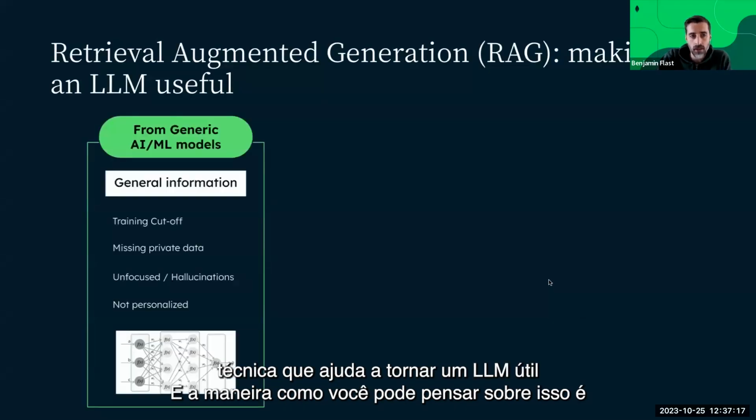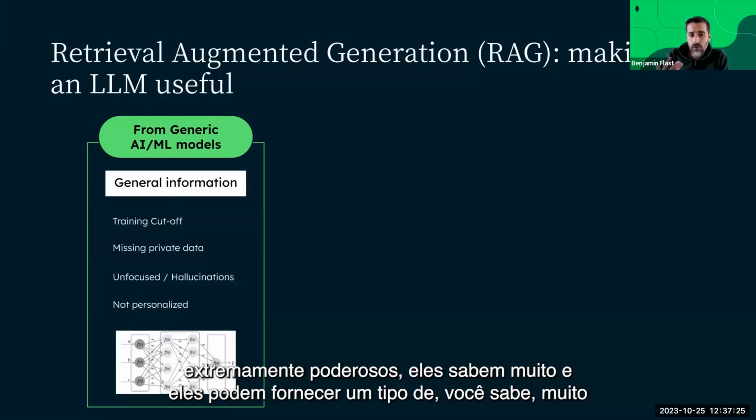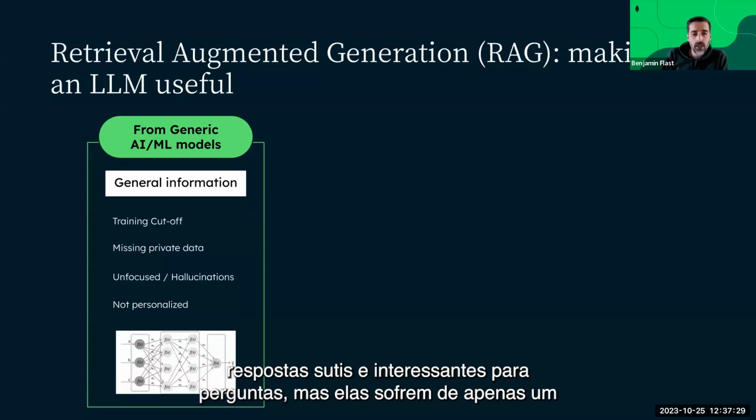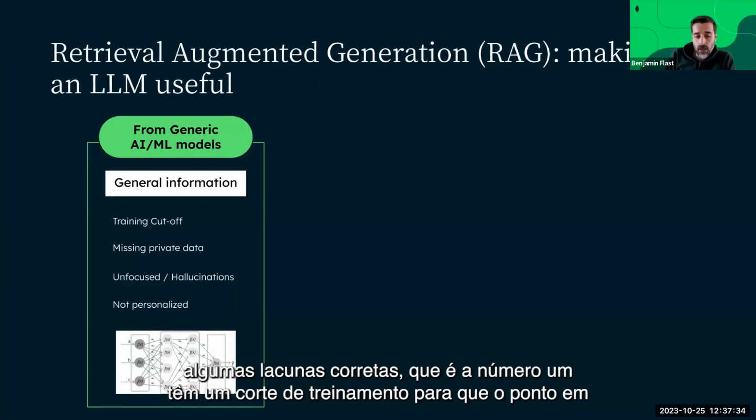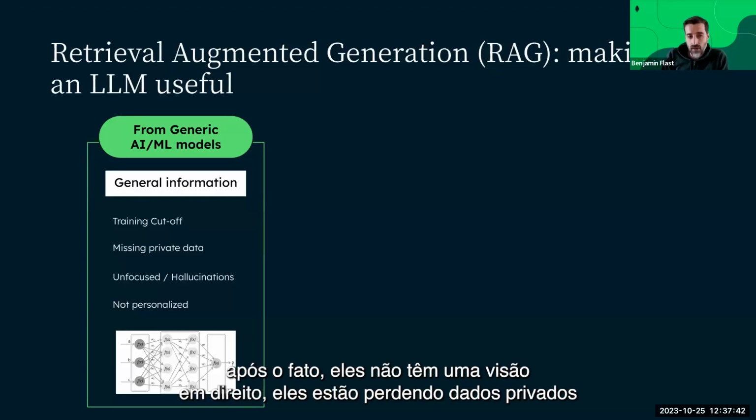The way you can think about it is that with generic large language models, you have general information. They're extremely powerful. They know a lot, and they can provide very nuanced and interesting responses to questions, but they suffer from just a few gaps. Number one, they have a training cutoff, so the point at which they were trained up to is all that they know. Anything that happened after the fact, they don't have insight into.